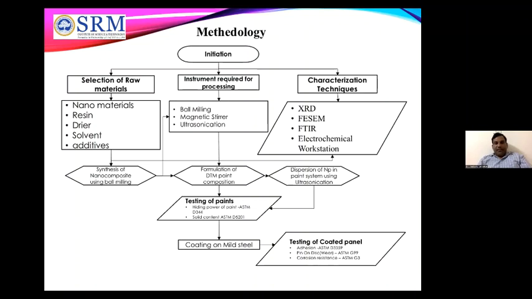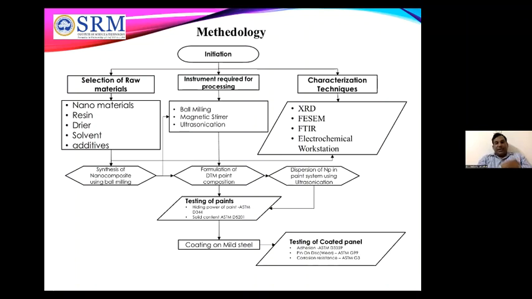Then we synthesize the nanomaterial using the ball milling process, magnetic stirrer and ultrasonication, and then make the paint. Ball milling is used to reduce the size of the nanoparticles. By using ball milling for 1 hour or 3 hours, we are increasing the surface energy of the particles.